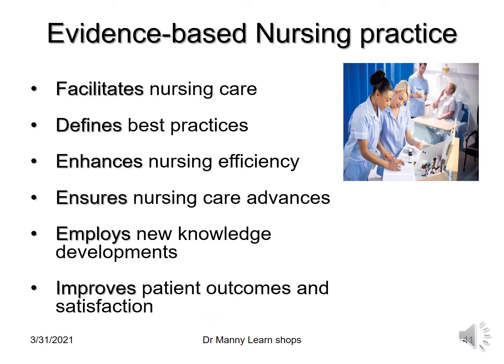Evidence-based practice in nursing, what else does it do? It facilitates nursing care, defines best practices, enhances nursing efficiency, ensures nursing care advances, employs new knowledge for the staff, and improves patient outcomes and satisfaction.